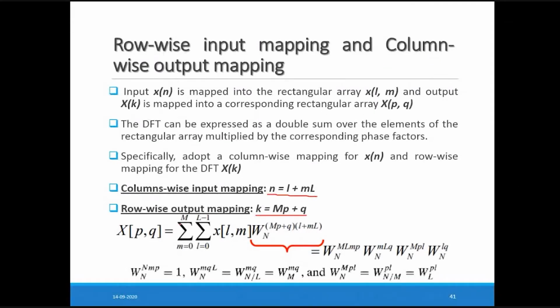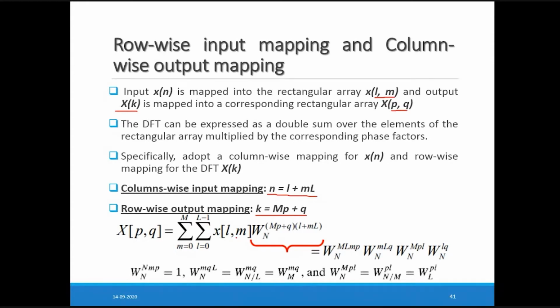Okay, so when you use this type of mapping, your final equation will be x of pq, because now your k, whatever DFT we represented with x of k, is now replaced with p comma q. So x of pq is equal to summation m equals 0 to M minus 1, l equals 0 to L minus 1, x of lm.